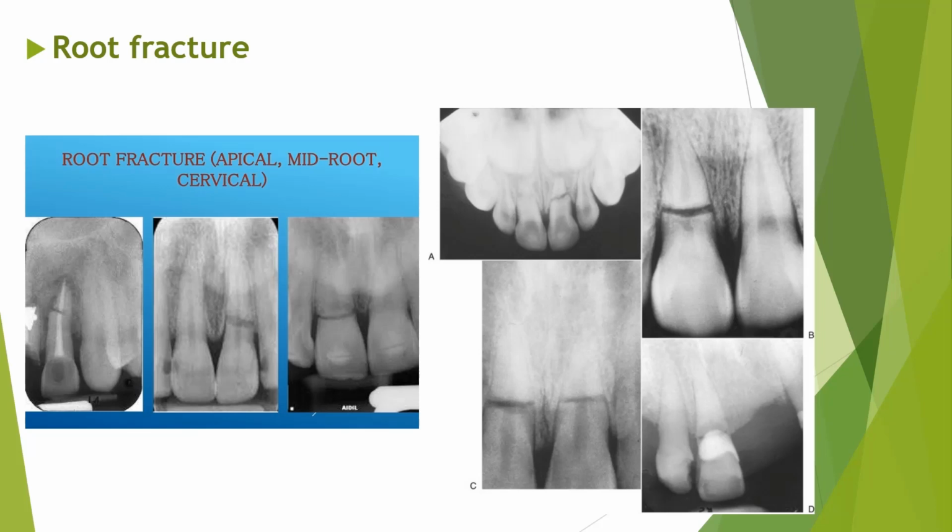In children, if there is a fracture of a root and there is no mobility of the tooth, in this condition no treatment needs to be done, and the tooth could be preserved and later on exfoliated normally at the time of its exfoliation.